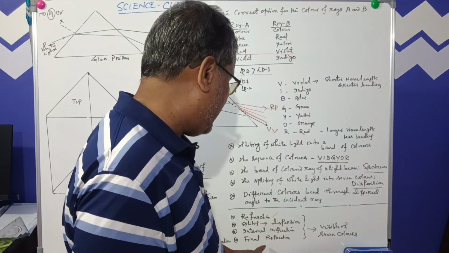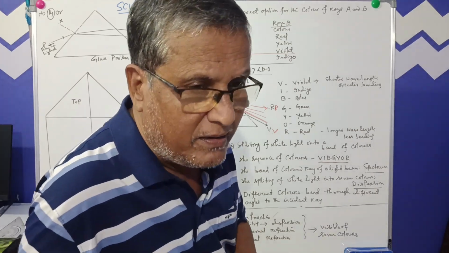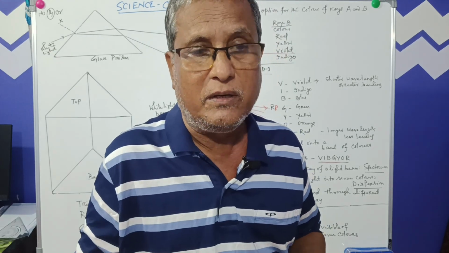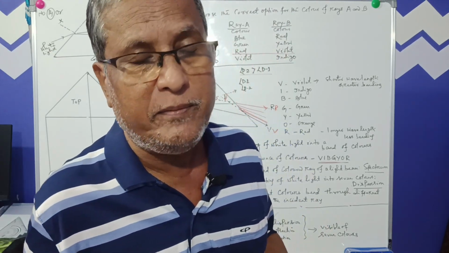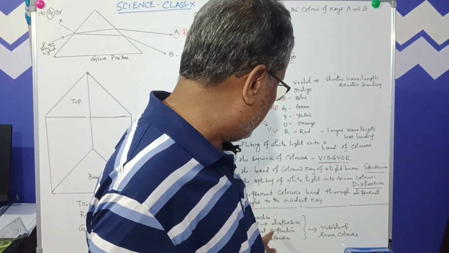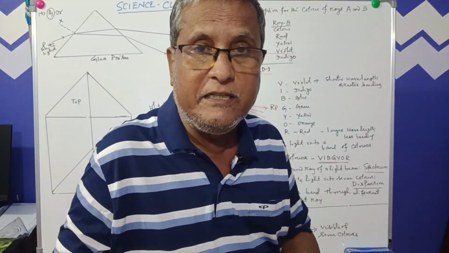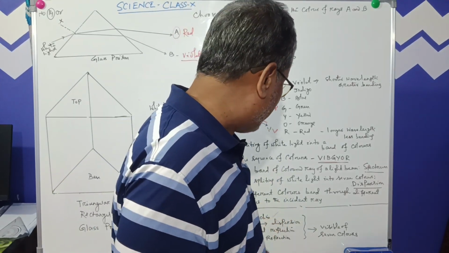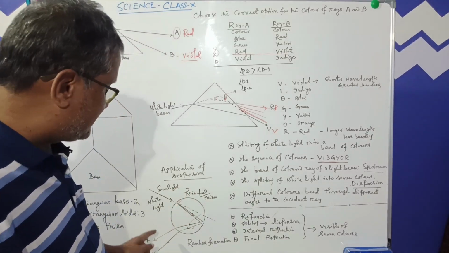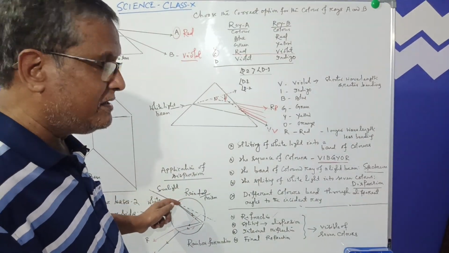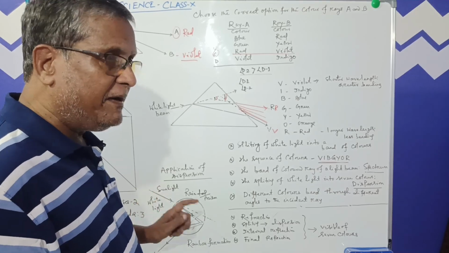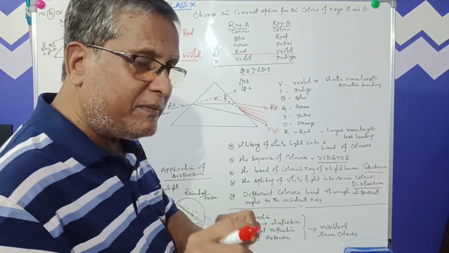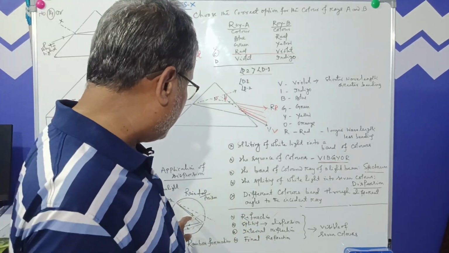Now we look at refraction, dispersion, internal reflection and refraction. The question has been asked, and you may go through the previous questions, where these four phenomena are jumbled, and you have to select the right order for the formation of a rainbow. So think of this. The first phenomenon is refraction from rare medium to denser medium. Then the splitting of white light into a spectrum of seven colors, that is called dispersion.